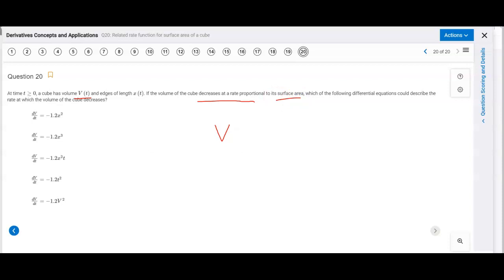You take the side length, which they're calling x of t, and you square it, because that tells you one of the faces of your cube. Base times height gives you one face, and there are 6 faces on the cube. So there's your volume, and here's your surface area.